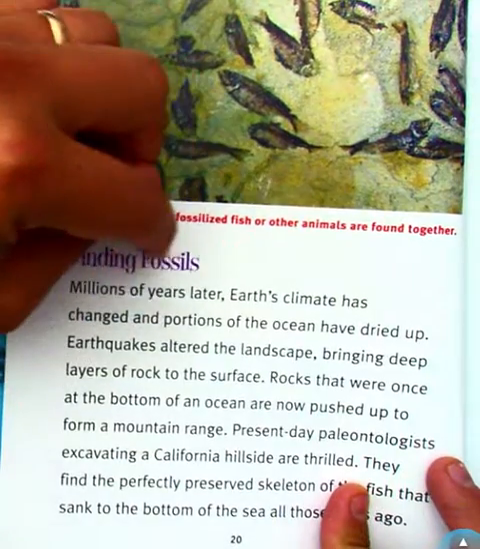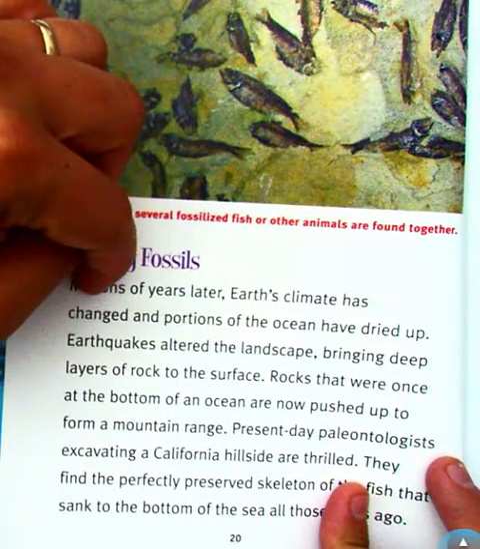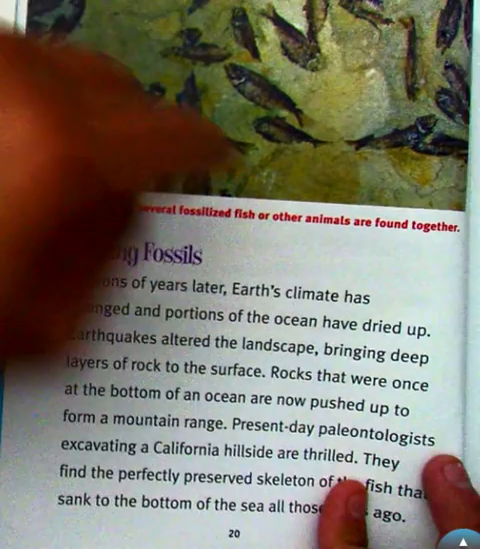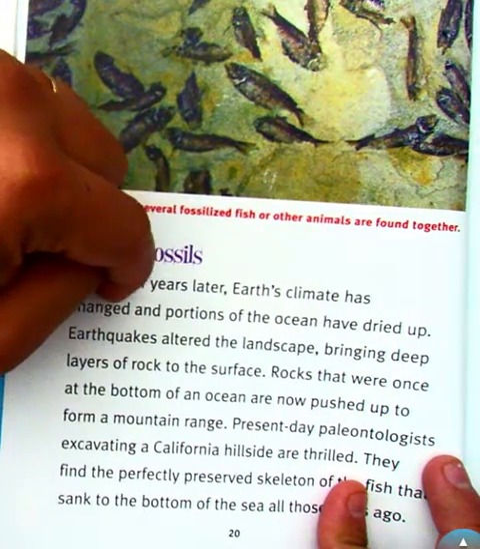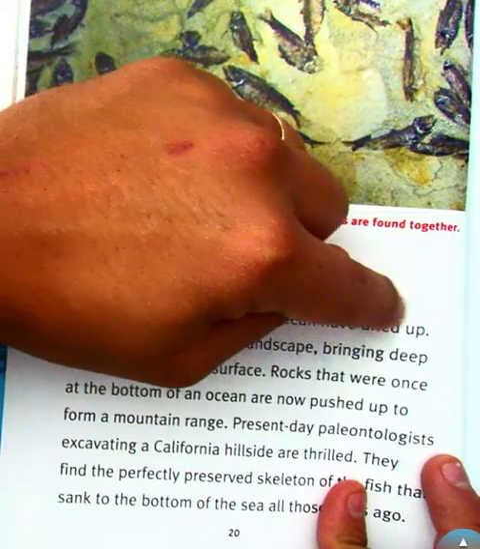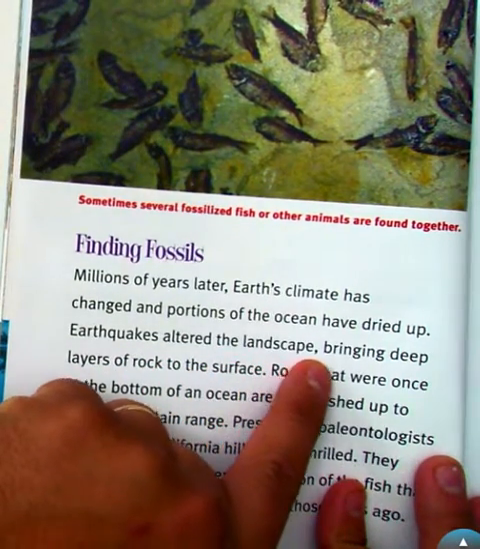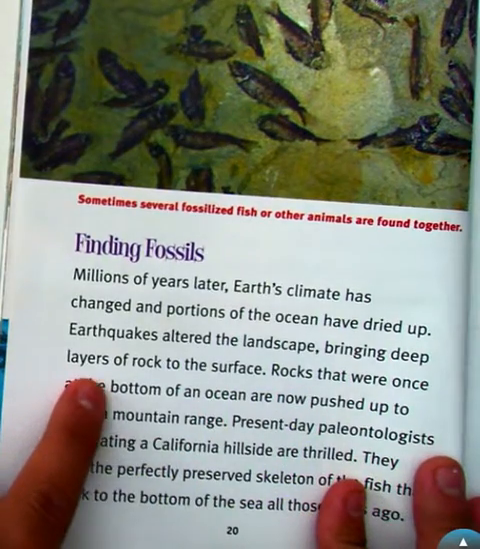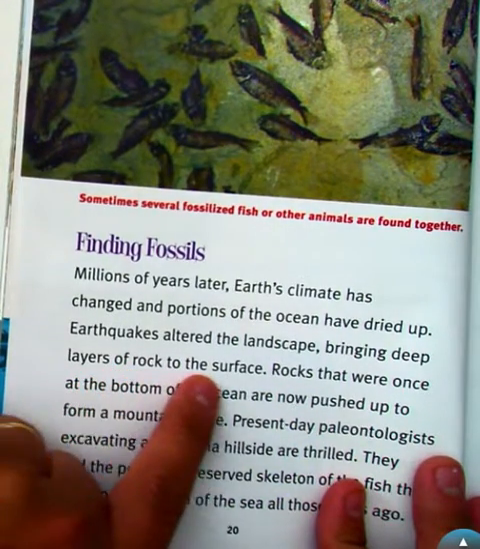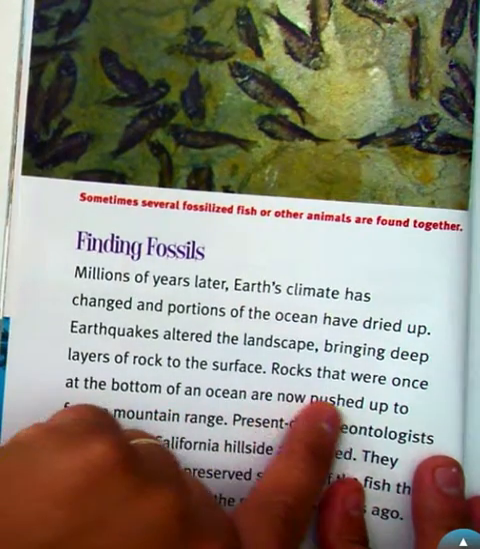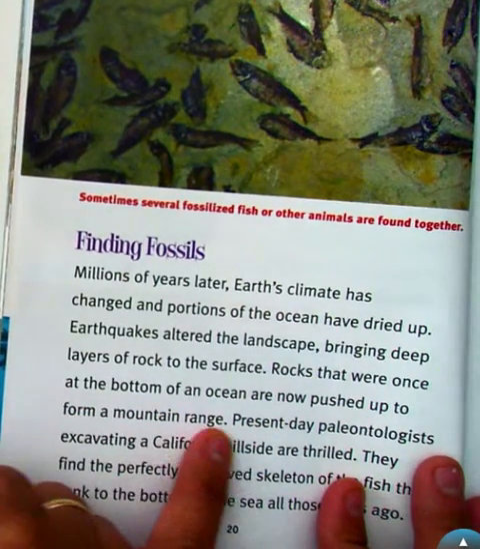Finding fossils. Millions of years later, Earth's climate has changed and portions of the ocean have dried up. Earthquakes altered the landscape, bringing deep layers of rock to the surface. Rocks that were once at the bottom of the ocean are now pushed up to form a mountain range.